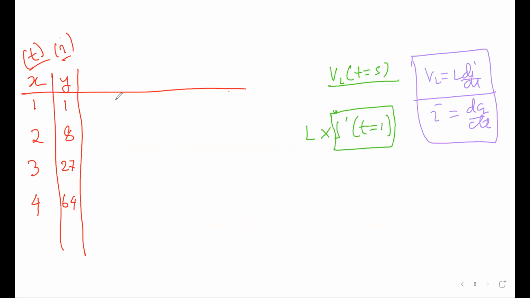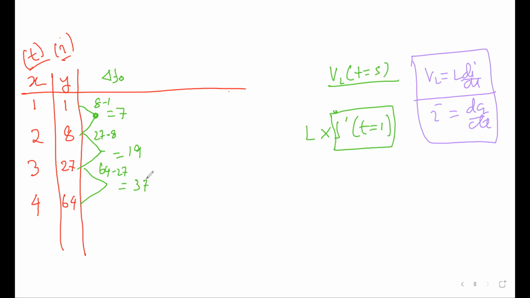So del f0, in our case, involves these two quantities: 8 minus 1 equals 7. Is it okay? Yes, sir. Proceeding with the next, 27 minus 8 is equal to 19. Then 64 minus 27 is equal to 37. Is it okay? Yes, sir.